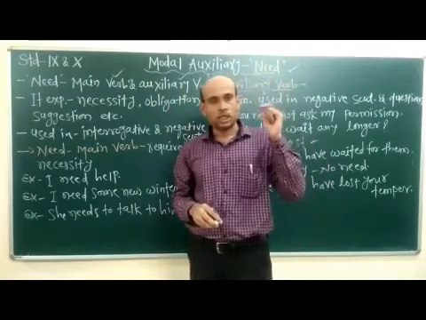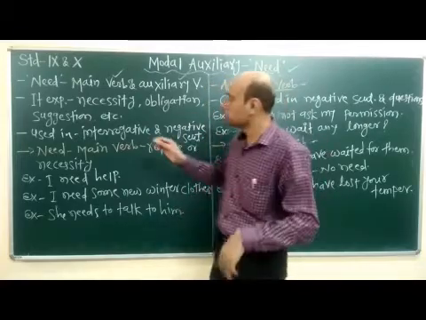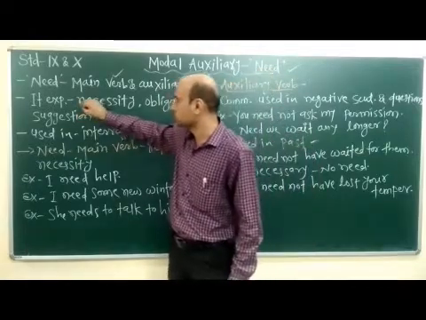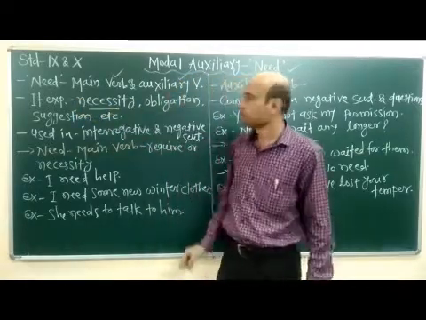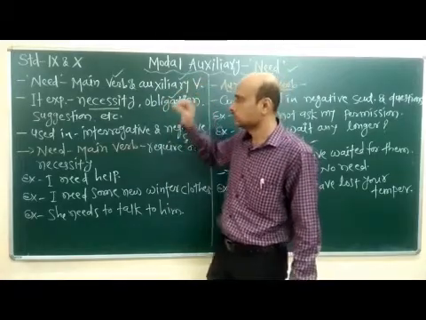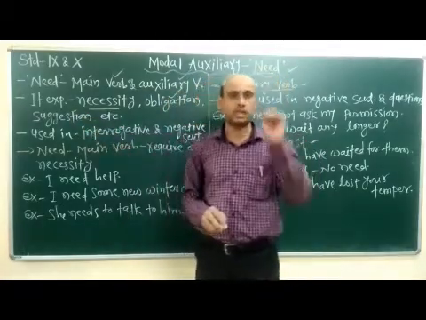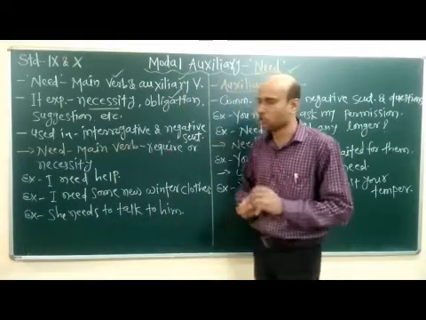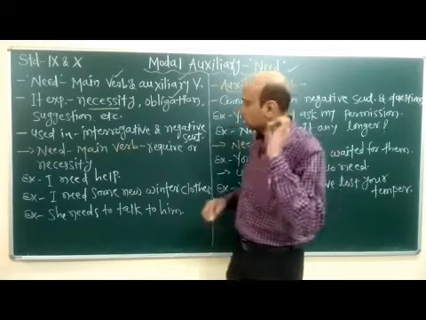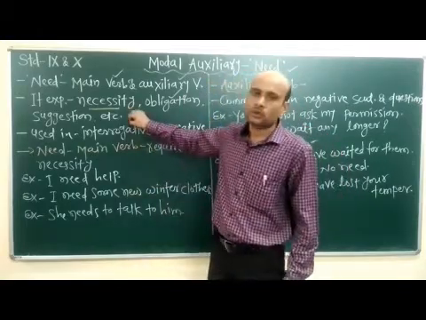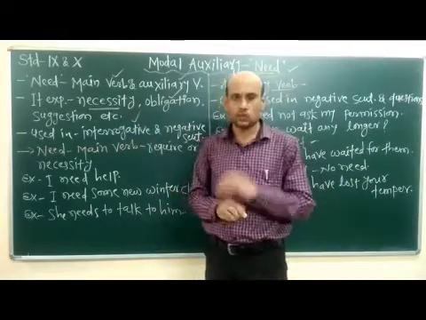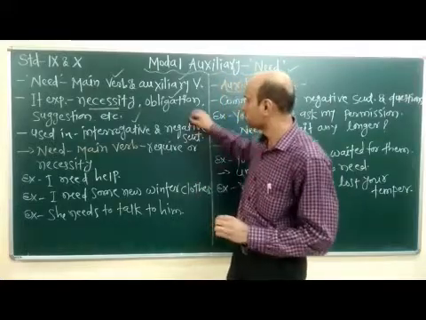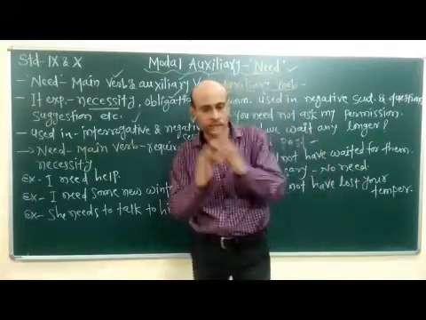Now when we talk about the function of this modal auxiliary need, it is used to express necessity, obligation, then suggestion. So these are the various functions it does. Plus it is also used in interrogative sentences, where a question is asked, and negative sentences where not is used.